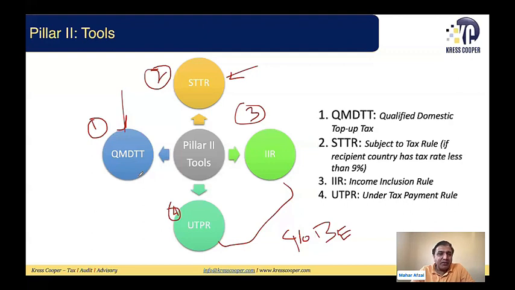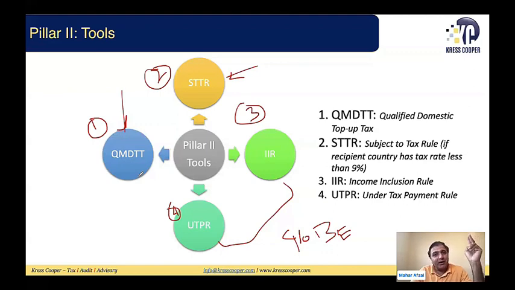Assuming, just for discussion purposes, that in the UAE the corporate tax rate is less than 9%, then the KSA company has the right to withhold tax, and whatever tax is withheld by the KSA company falls under the subject to tax rules, and this will be considered whenever the overall 15% has been calculated. Out of this 15%, these two taxes will be removed.